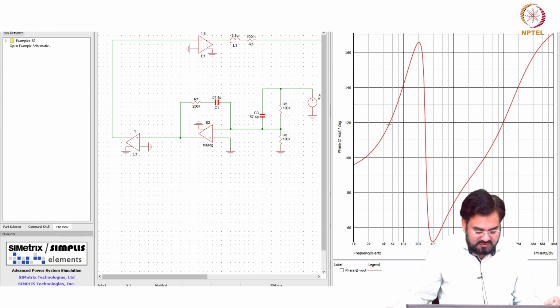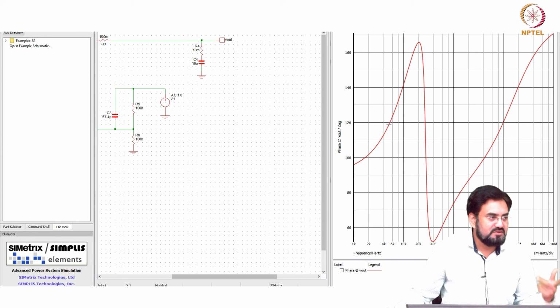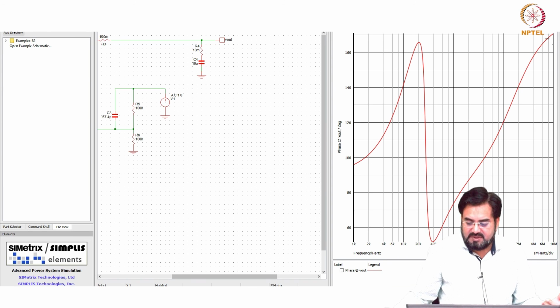Yeah, R ESR will also come. So at very high frequency, if you look at it, that zero will also cause it. So at infinite frequency, you can see it will go to plus 180, and that is why it is rising actually.